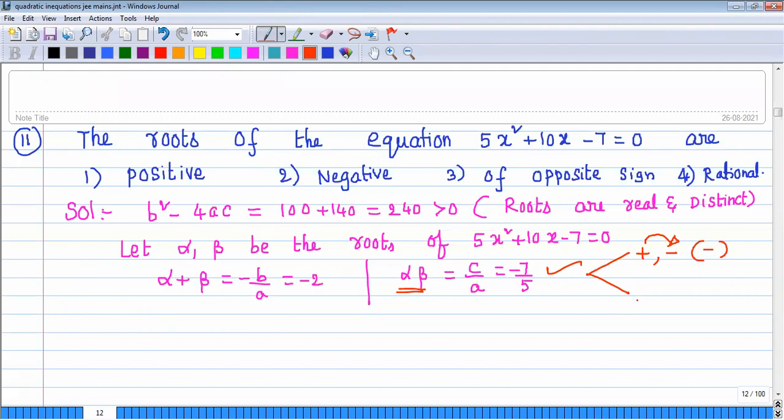If the first root is minus and the second root is plus, minus into plus is minus. So we infer alpha comma beta are of opposite signs. Then only the product becomes negative. Third option is the right option. Is it clear? Yes, sir.